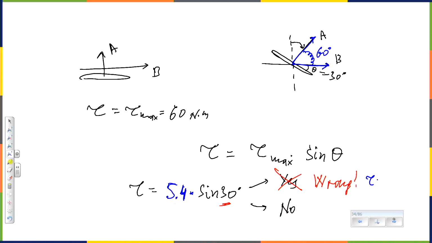So the correct calculation is supposed to be 5.4, which is torque, times sine of 60, which is square root of 3 over 2.